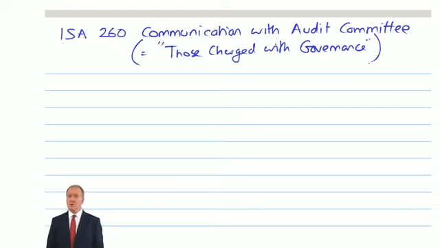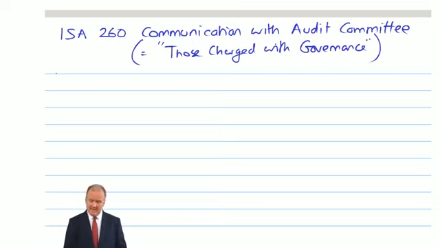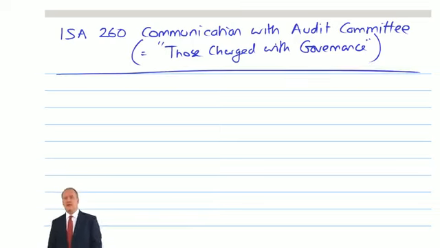And you may well get a question that says, what sort of things are you likely to be talking to them about? The answer is anything and everything. But because it's anything and everything, very helpful, Paul. What does that mean? What's the actual answer?